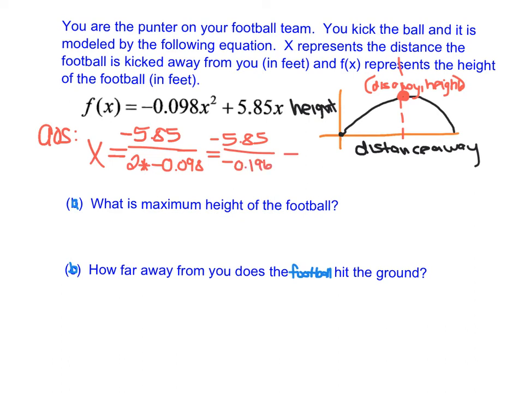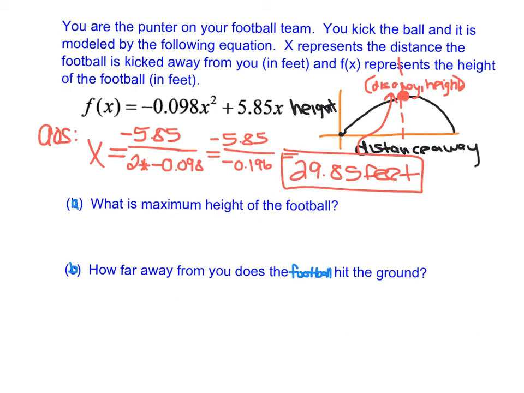If I divide those out, I find that the distance away from me to that vertex point is 29.85 feet. Not the nicest number in the world, but this number represents the x-coordinate of our vertex point. That is the distance away from us when the football reaches its highest point.